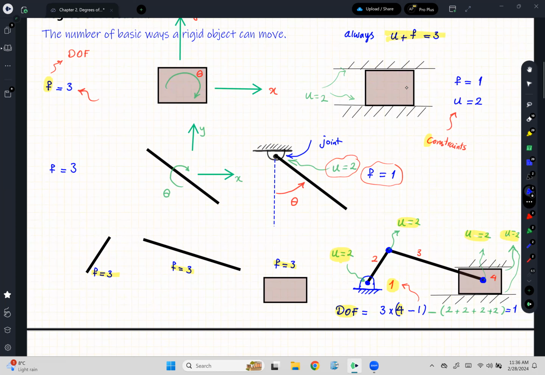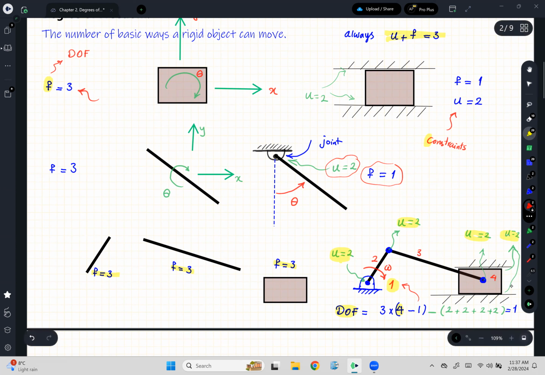What does it really mean? It means that if I have only 1 piece of information for this mechanism, for example, if I know how fast this link is rotating, I should be able to find out the speed of link 4 in future topics.